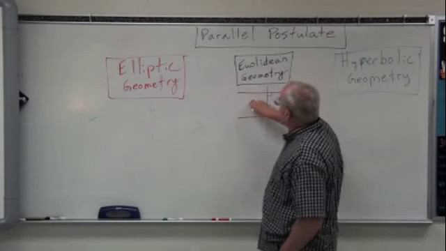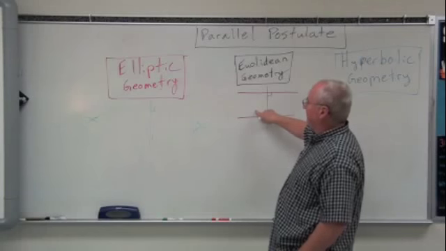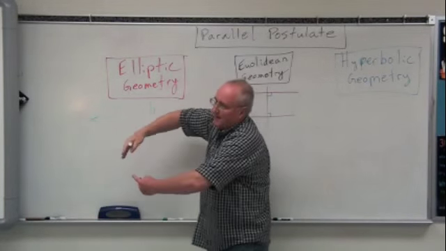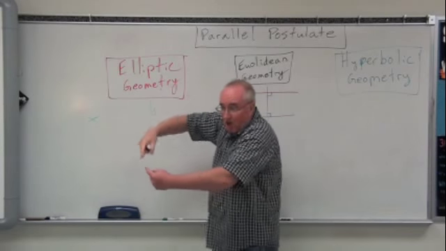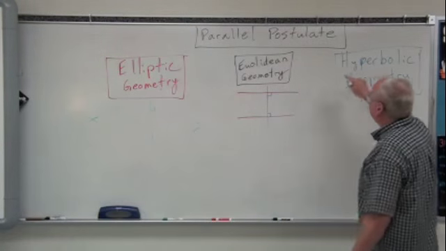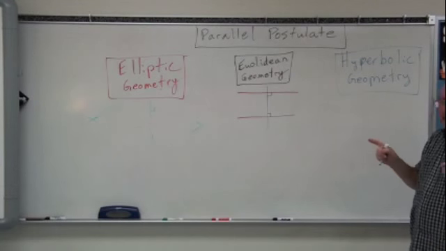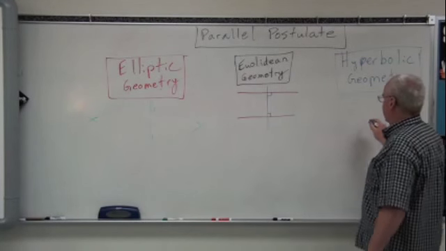Now, if Euclidean geometry says these two lines never meet and they're straight, elliptic geometry means they act like an ellipse, in other words, always going to meet. What do you think hyperbolic geometry says? Opposite of elliptic, they never meet.